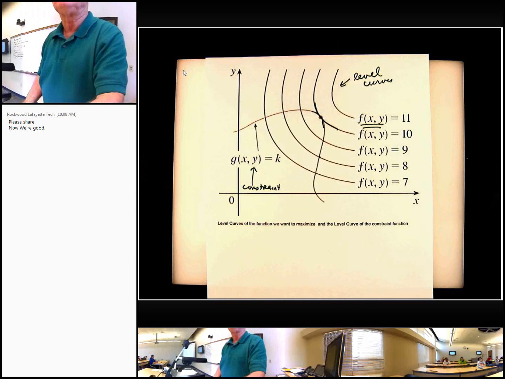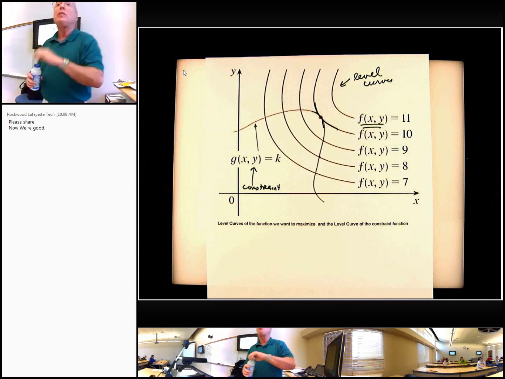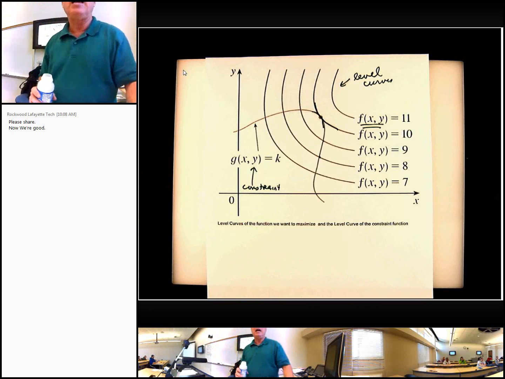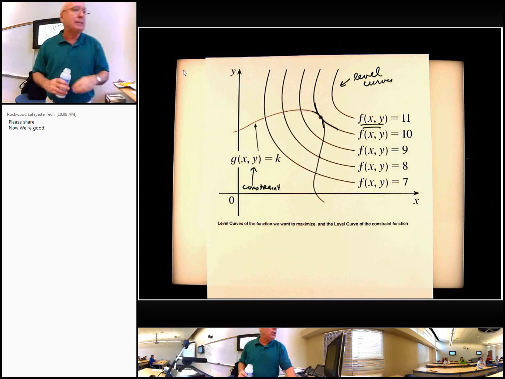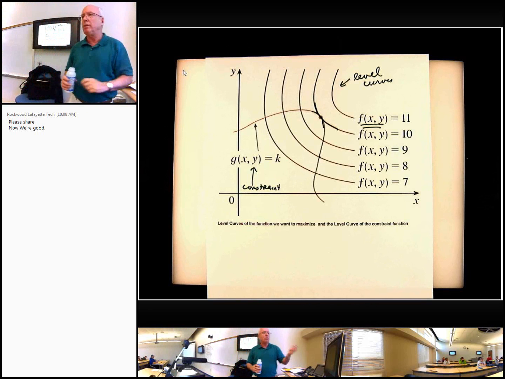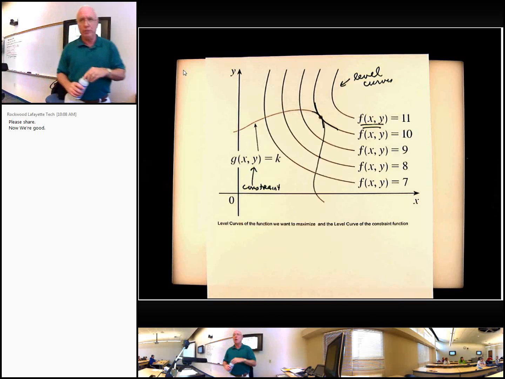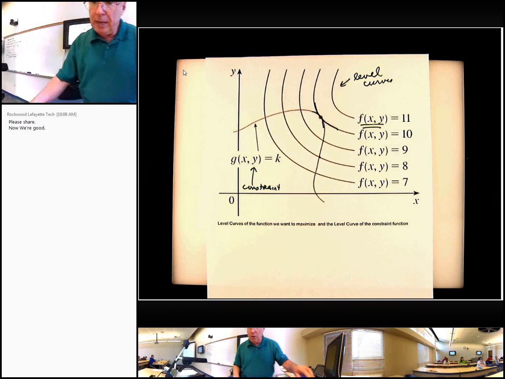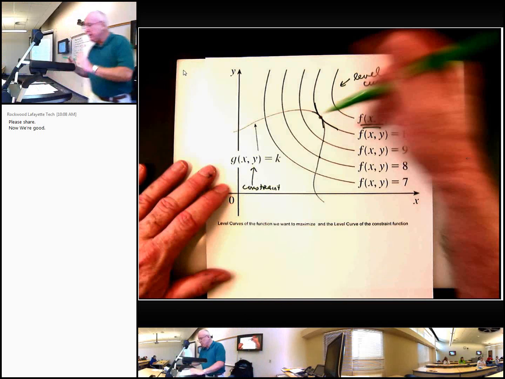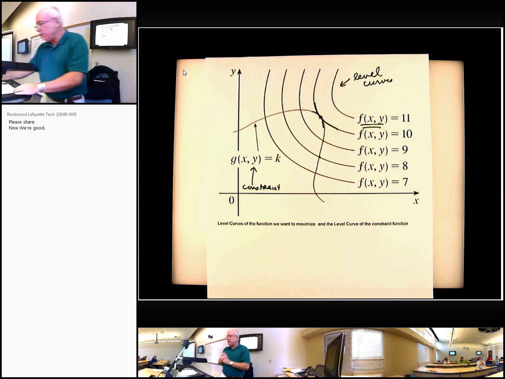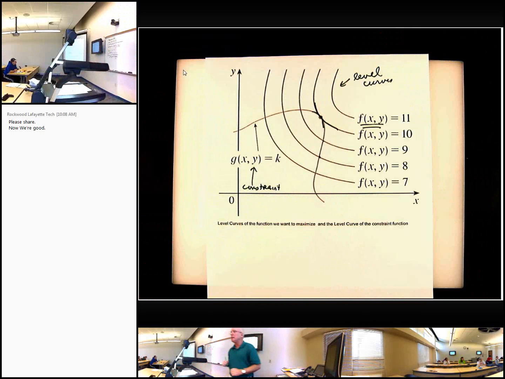It's at that point where they just graze each other that we're going to find our biggest or smallest value. Yes? How would you know that without graphing it? Okay, that's what we're going to show: how to find this without graphing it. The question was, how can we find this without going through all of these contour curves? We're going to show how we can do that. Now, right there where we have that biggest value, that's where the level curve brushes the constraint curve.